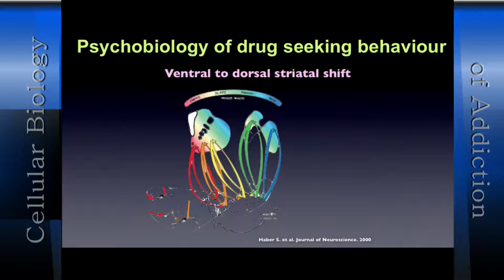But they also send projections to neurons in the VTA that are more lateral, and these more lateral neurons in the VTA project to more lateral neurons in the striatum, and so on, such that dopamine transmission in the shell can eventually control what's happening in the dorsal striatum.